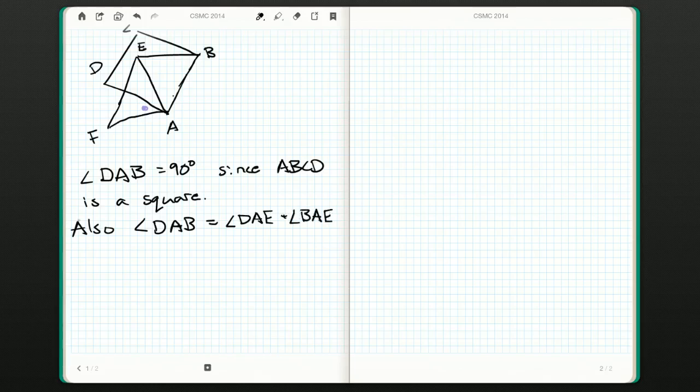But I know the angle BAE. It's going to have to be 60 degrees, since triangle ABE is equilateral.